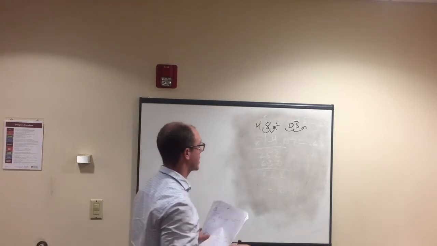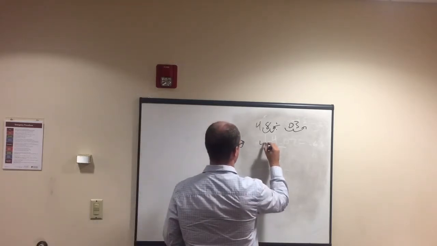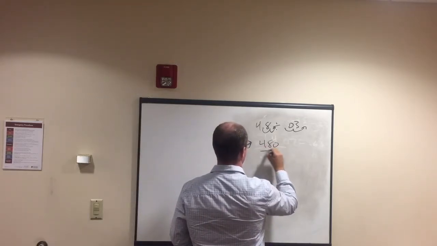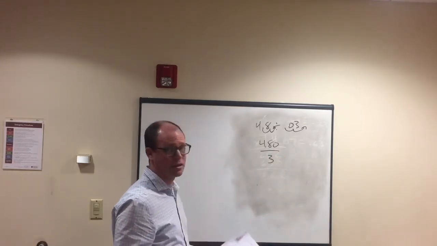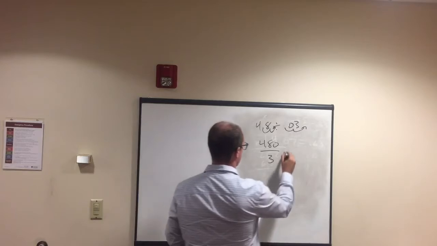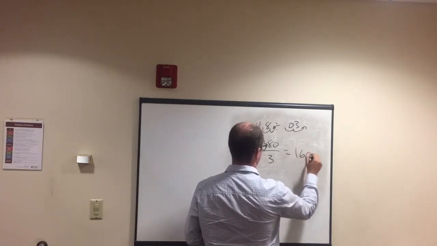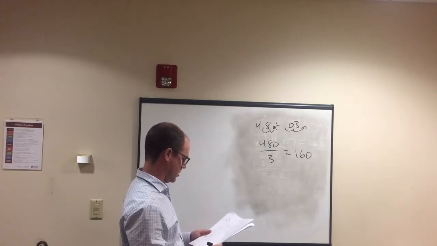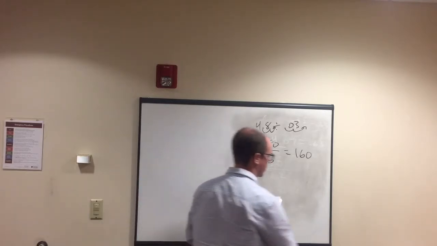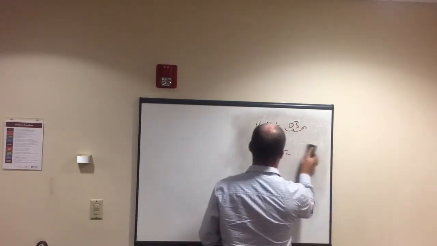And now we're not going to have any decimal places at all, so that's going to look like 480 divided by 3, right? And then from here we can solve it. That's 160.